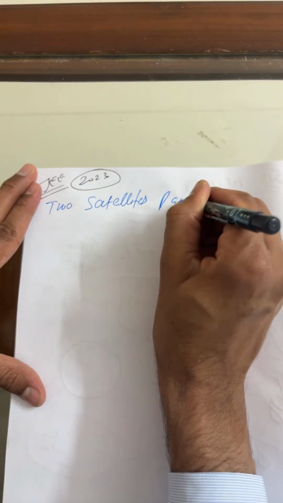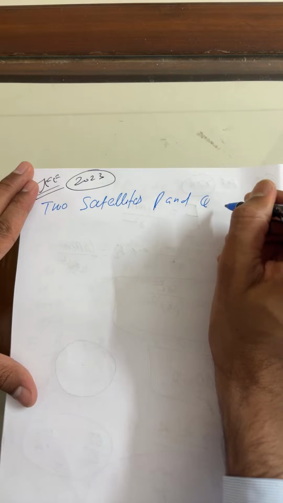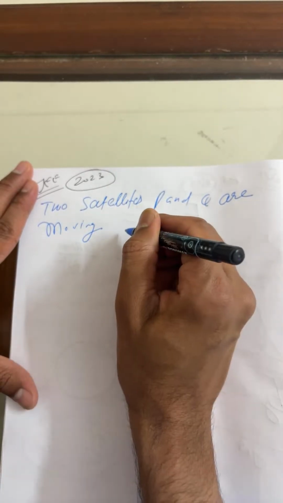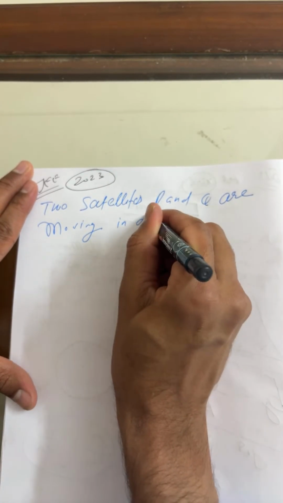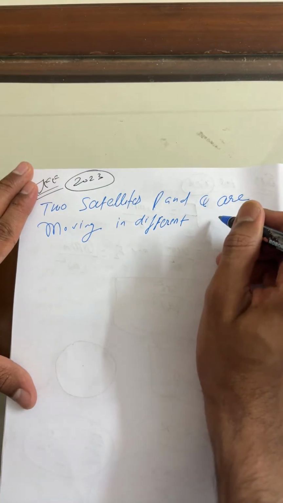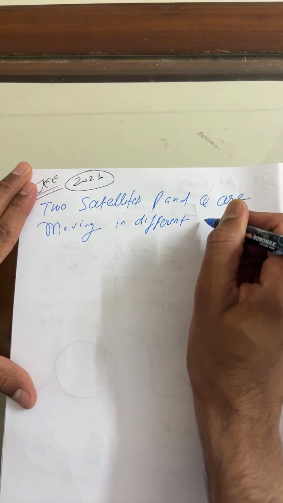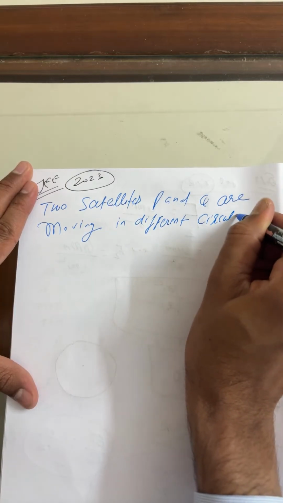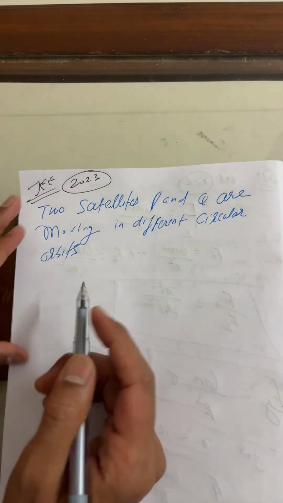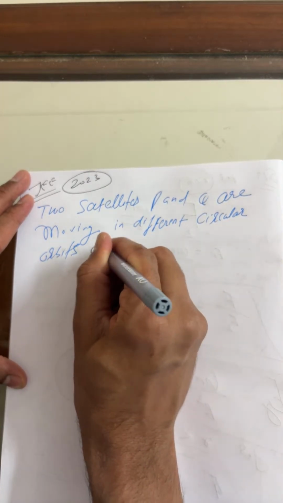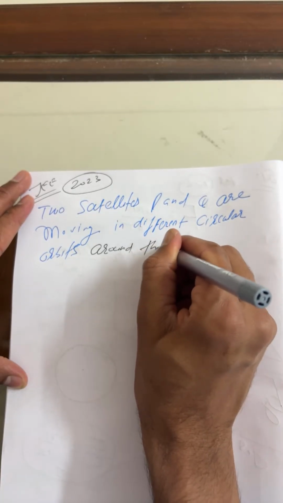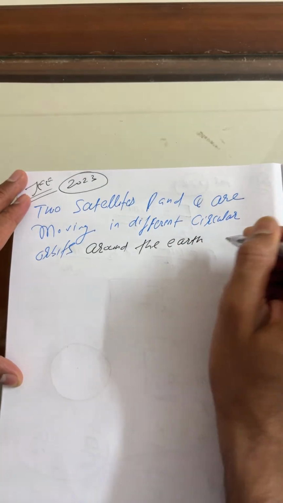Students, two satellites, capital P and Q, are moving in different circular orbits around the Earth.